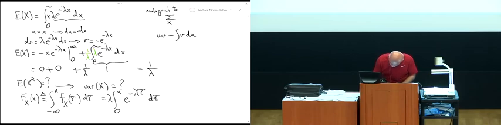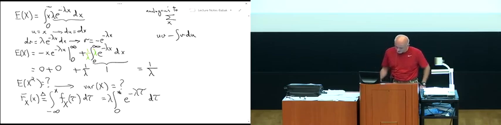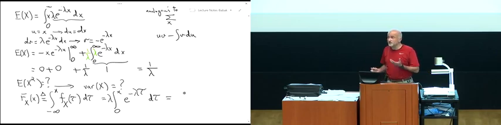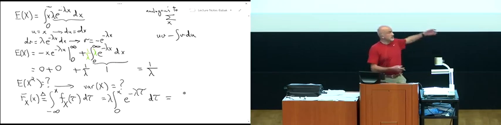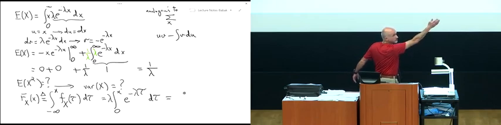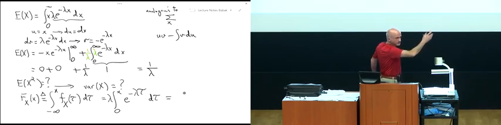D tau. There we go. Now it looks good. Whatever function you get had better go to 0 on the left as you go toward minus infinity, and go toward what on the right? What does the CDF approach? 1.